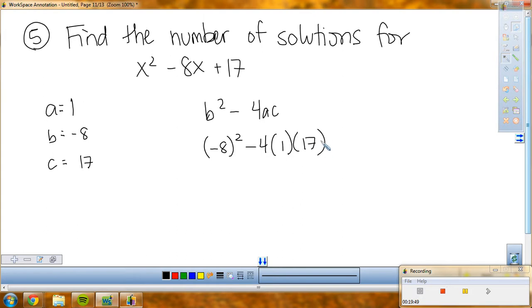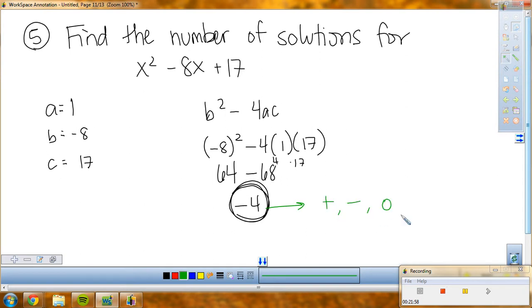So a negative times a negative is going to give me 64. 4 times 1 is going to give me 4 times 17, which gives me 68. 64 minus 68 gives me a negative 4. So again, I should be asking myself, does my answer give me a positive, a negative, or a 0?